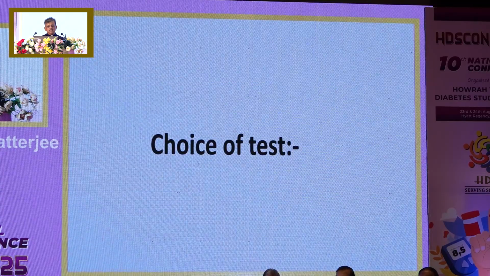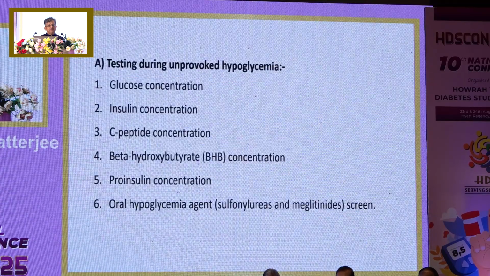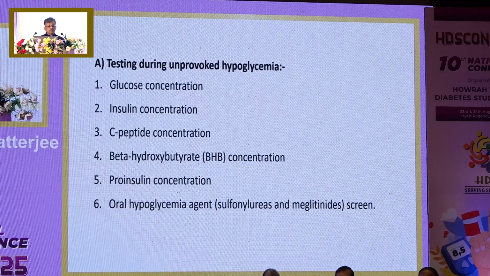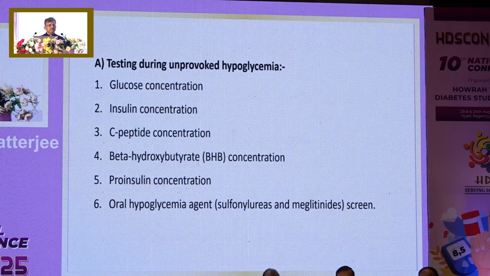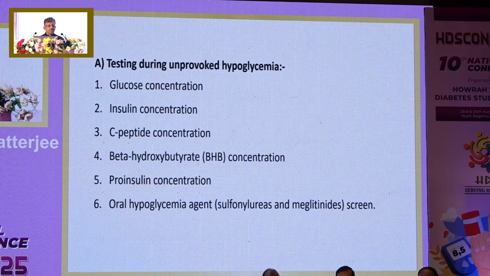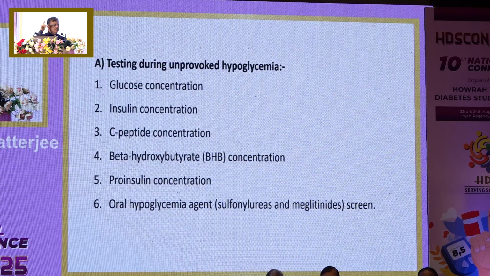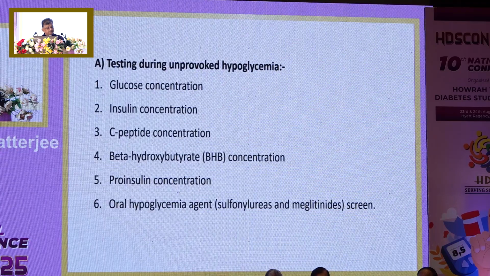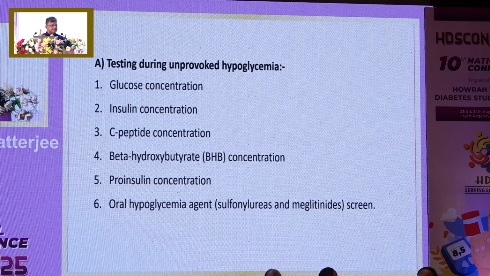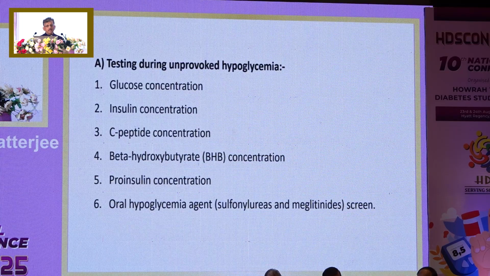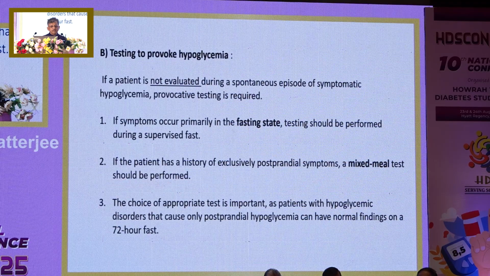Now the choice of test, I have already told you. If the patient is stable, if there is unprovoked hypoglycemia, you have to draw blood and send it for glucose, insulin, C-peptide, beta hydroxybutyrate, and proinsulin concentration. Where you suspect that the patient might have taken an oral hypoglycemic agent accidentally or deliberately, test for sulfonylurea and other drugs for toxicological testing.